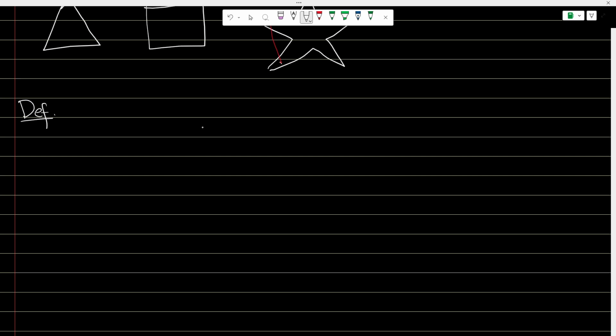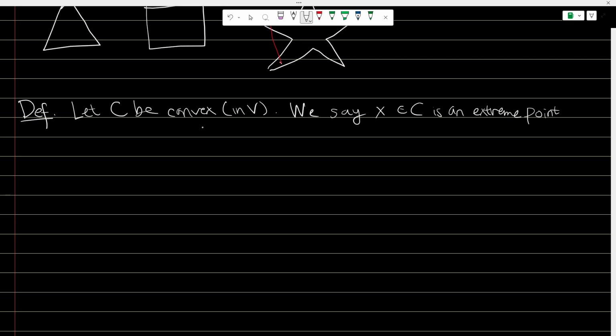So let C be convex in V. We say that x in C is an extreme point of C if, and this is a little bit of a weird condition, so take some time to unpack it.